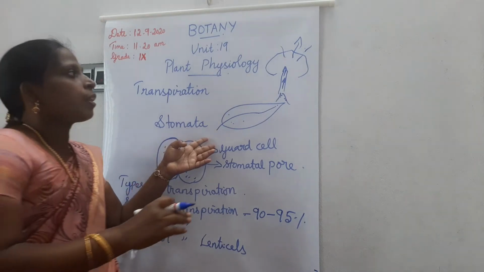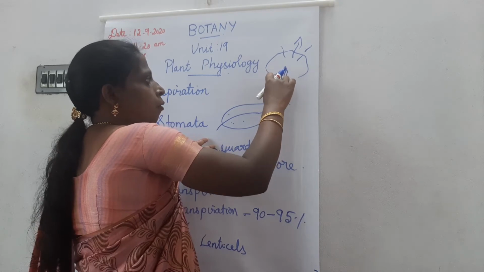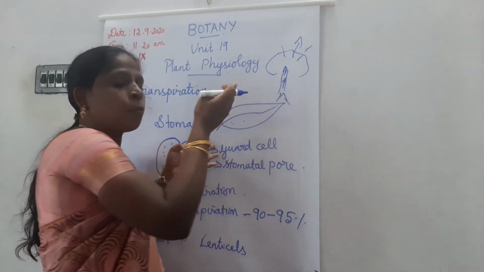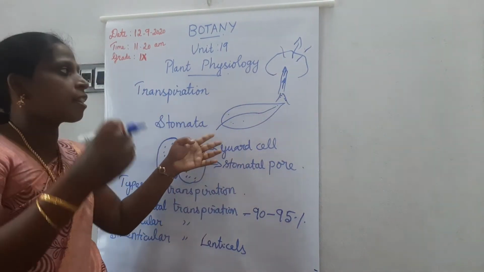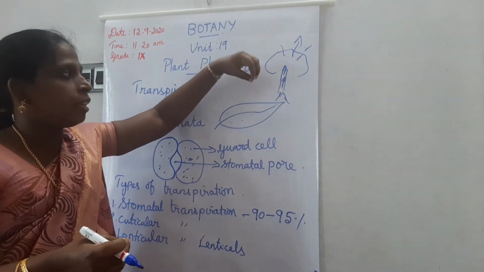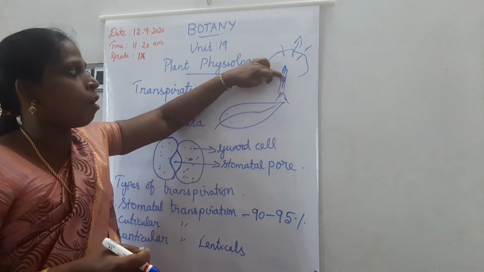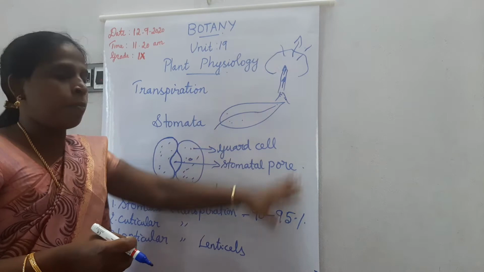Third one is that along with the water, the dissolved minerals are also carried through the xylem vessel. Due to transpiration there is a continuous flow of minerals to the plant body.